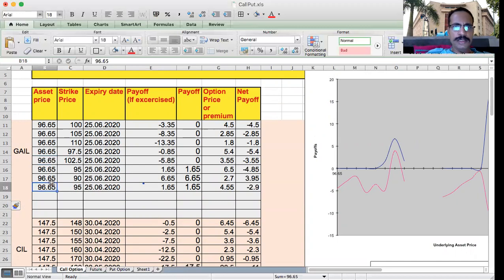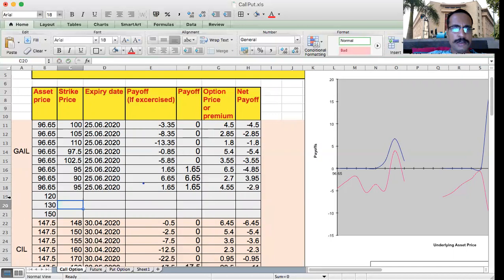So let us say that the stock price at the time of expiry of this call option becomes 120, then it becomes 130, then it becomes 150.